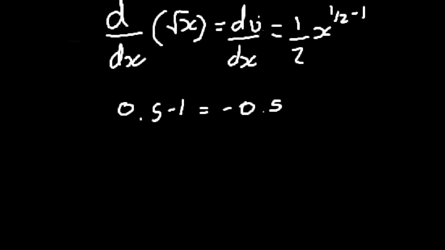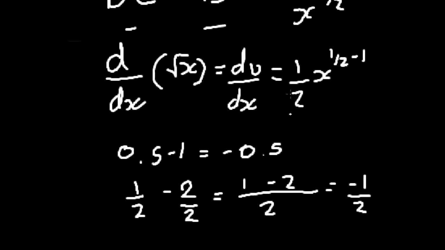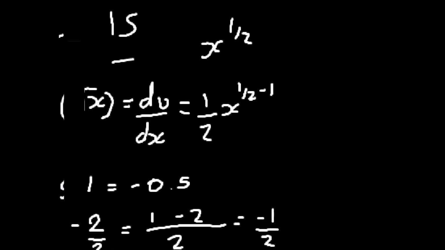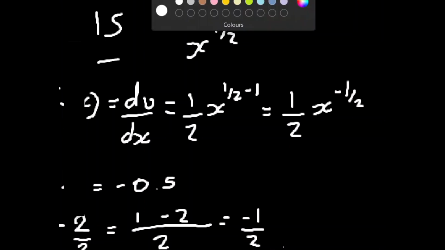But we want this in fractions, so let's say it's minus 1, but let's not write the 1 as that. Let's write it as 2 divided by 2. You can see that that is equal to 1. And you can see that 1 minus 2 here is equal to minus 1/2. Cool. So therefore all of this is just equal to 1/2 x to the minus 1/2. And that is our yellow.